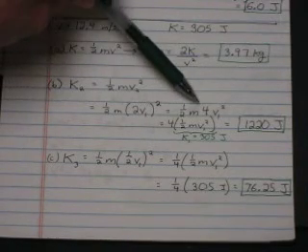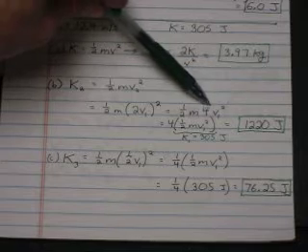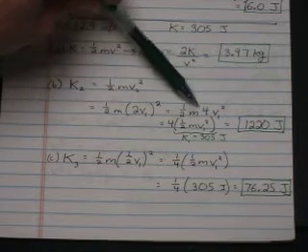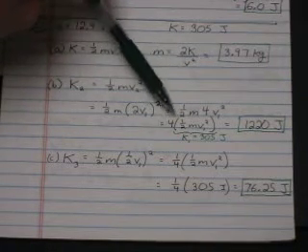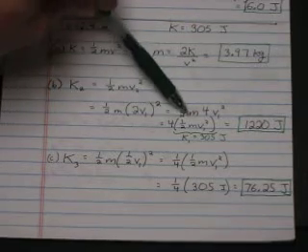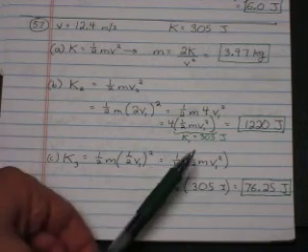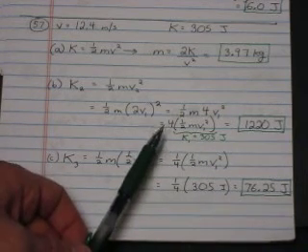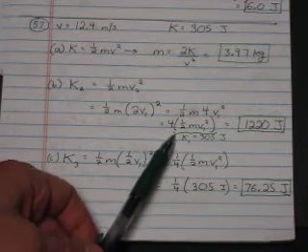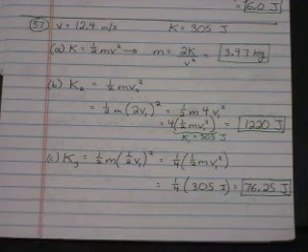This becomes 1/2 mass times 4 times v1 squared. When we move the 4 over to the side, we can see that this is 4 times the kinetic energy solved for in part A. Well, in part A, the kinetic energy was 305 joules. It's 4 times that because the speed was doubled. So we get 1220 joules.